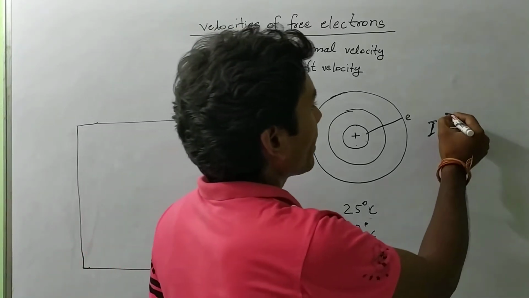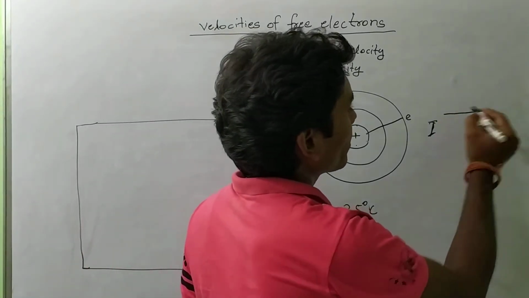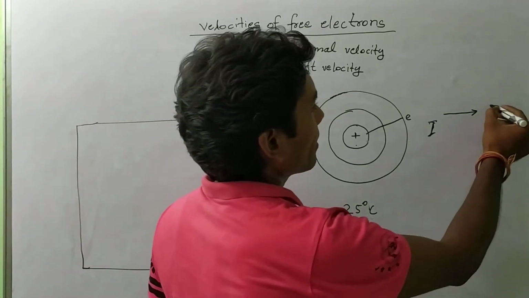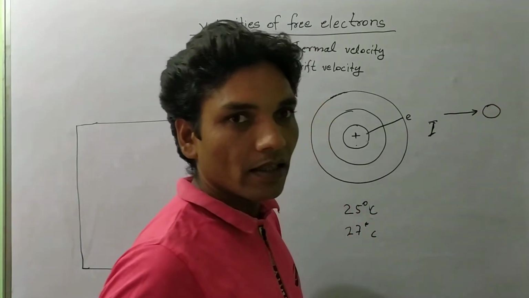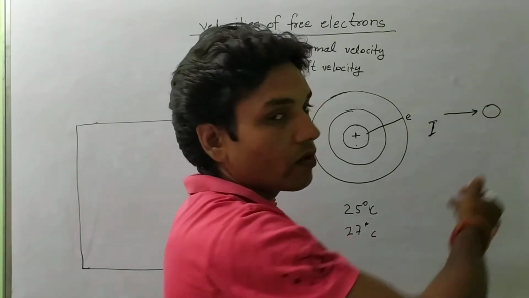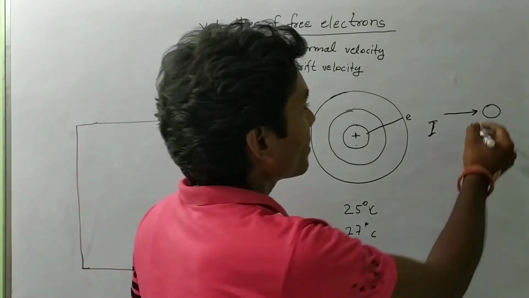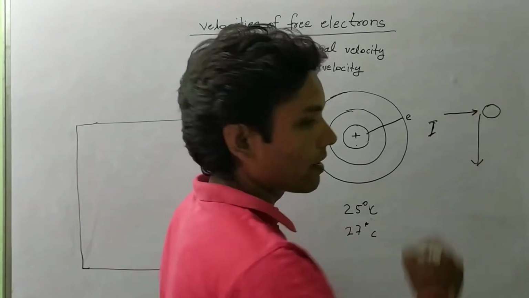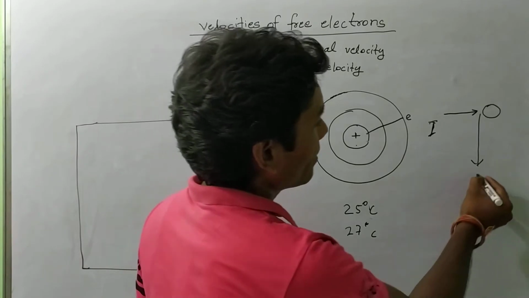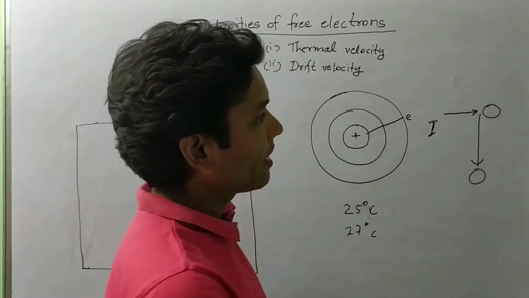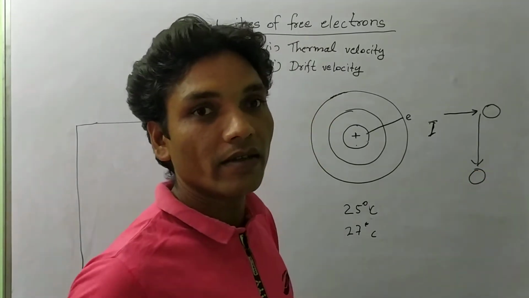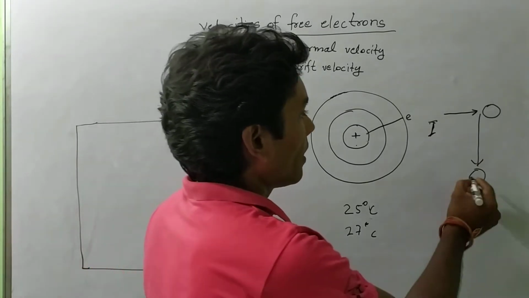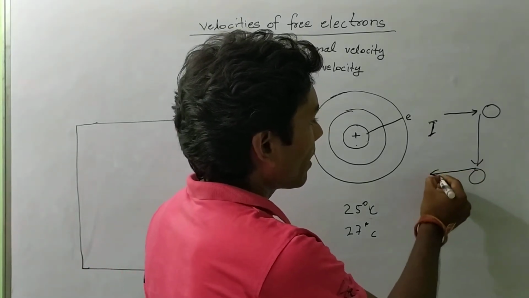Now if this electron is moving along this direction, an atom is there, so the electron will collide with this atom and change its path.